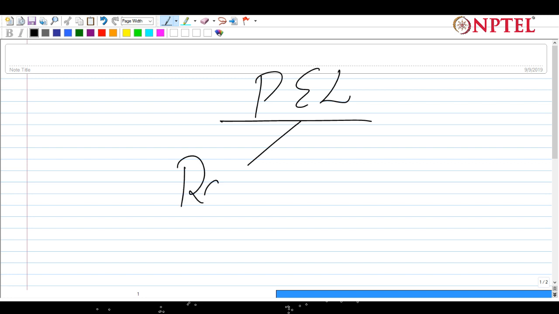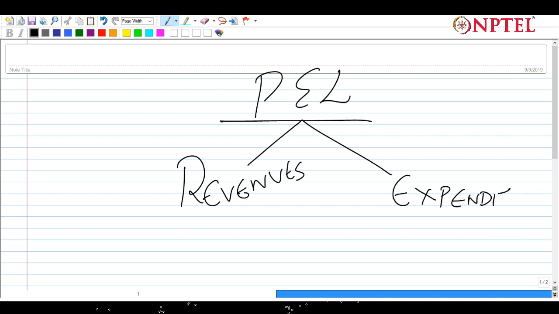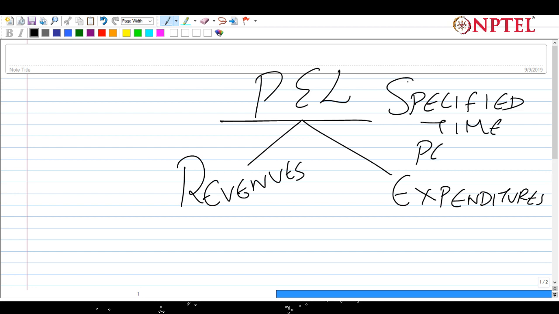In the profit and loss statement, we look at only two aspects here. We look at revenues, and we look at expenditures. But the most important thing in this case is that these revenues and expenditures should pertain to the specified time period for which you are preparing this profit or loss statement.